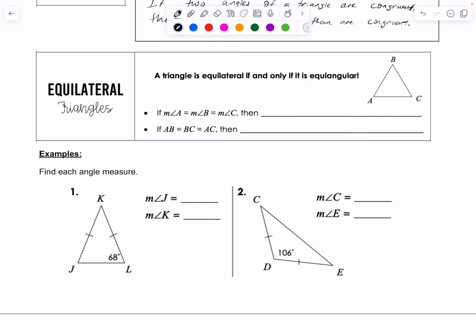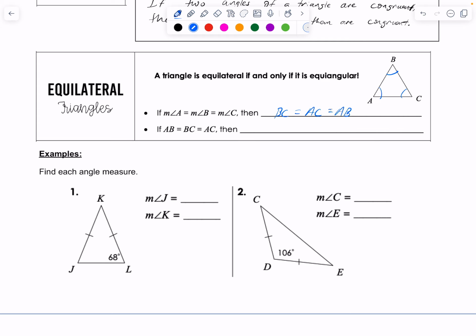So for example, if they're telling you that the measure of angle A is equal to the measure of angle B, which is equal to the measure of angle C, then I'm going to write down that segment BC is equal to segment AC, which is equal to segment AB.